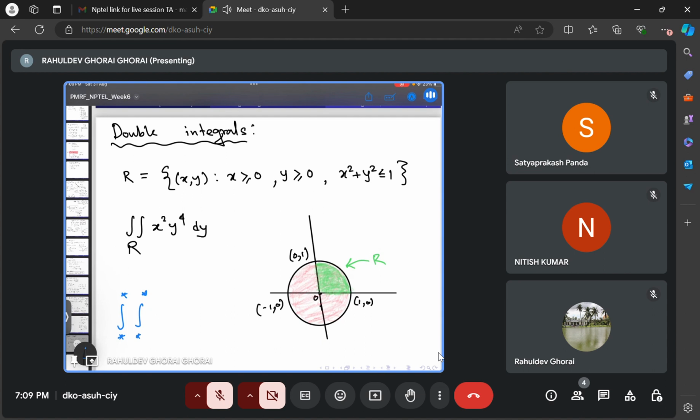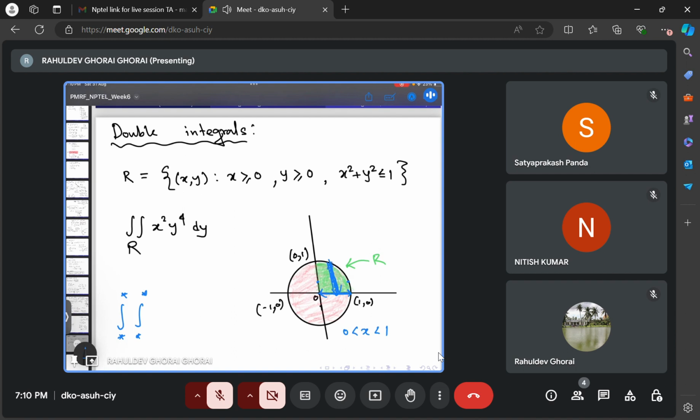To write that, what we usually do is take a small partition, a small area, and vary it from this to this. Let's say I vary x from 0 to 1. Then for a fixed x, the y value will go from here to here.